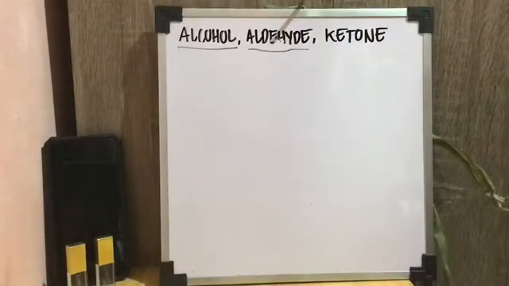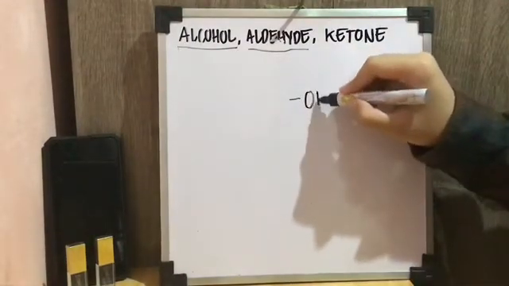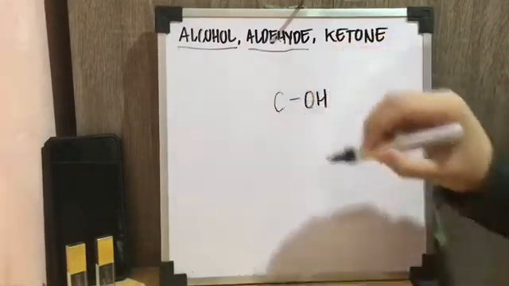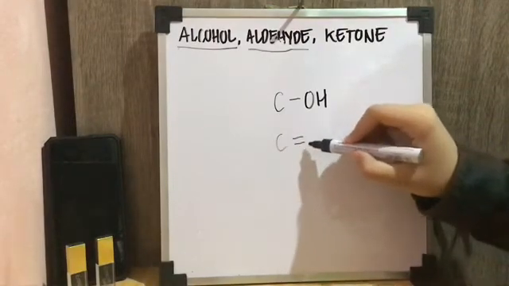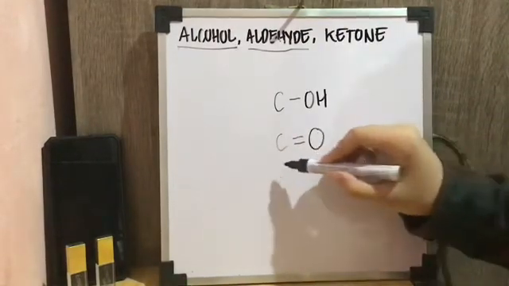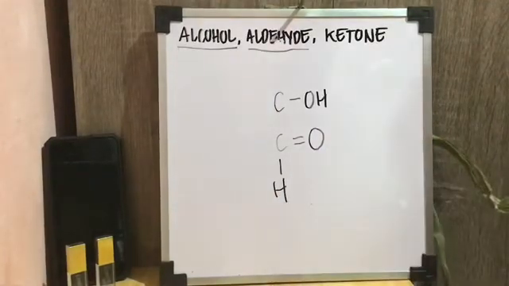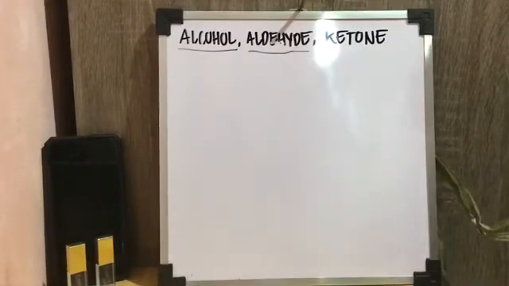Previously in alcohol, we had the attachment represented by the hydroxyl group OH. As for aldehyde, however, it is represented by a double bonded O and a single bonded hydrogen. Conveniently enough, it actually follows the same naming rule as alcohol.